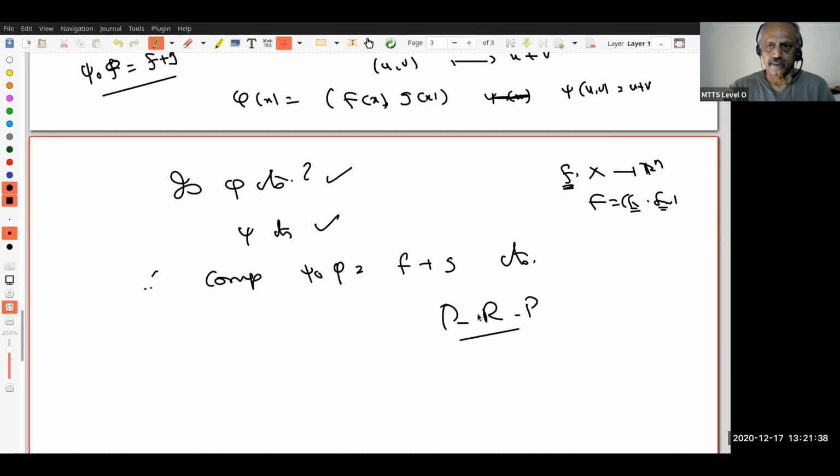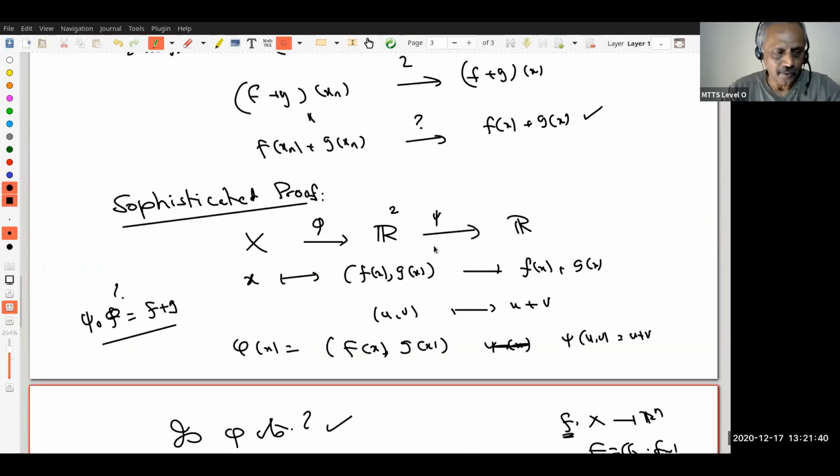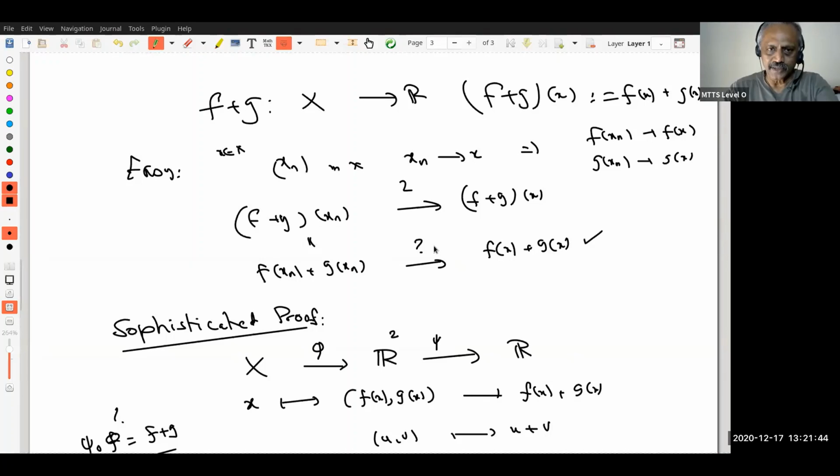You see how easy the earlier proof was. As soon as I defined continuity, I could have proved that if f and g are real valued continuous functions, then f plus g is continuous. To make you appreciate: if f and g are continuous from X to Y, where Y is some arbitrary metric space, there is no natural way of defining f plus g.